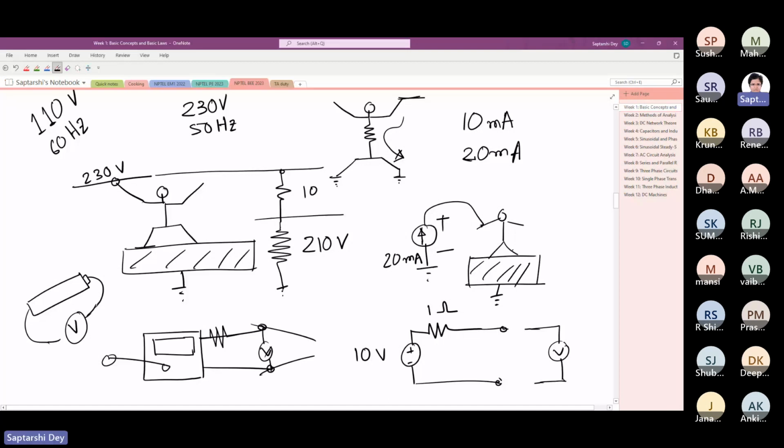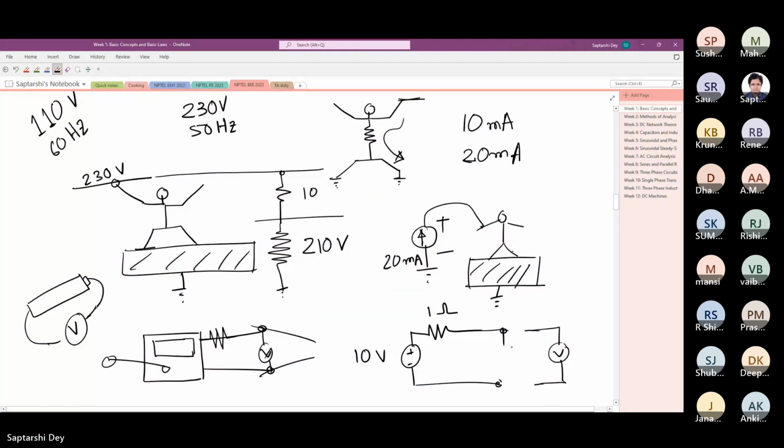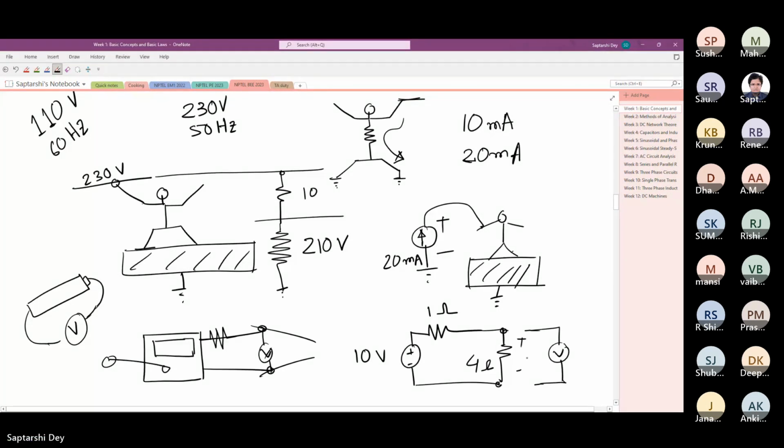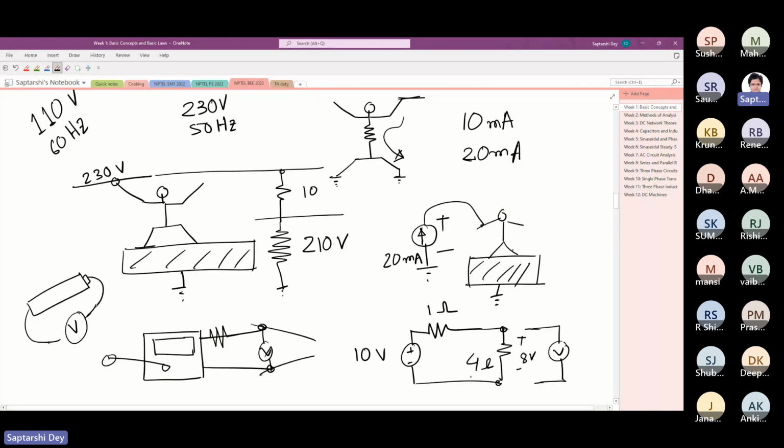Now, when you connect, say, a 4 ohm load, the current starts flowing, 2 ampere current flows, and the voltage that you get here is 8 volt. Unless this load was there, you were getting 10 volt. But as soon as the load came, the voltage dropped to 8 volt.